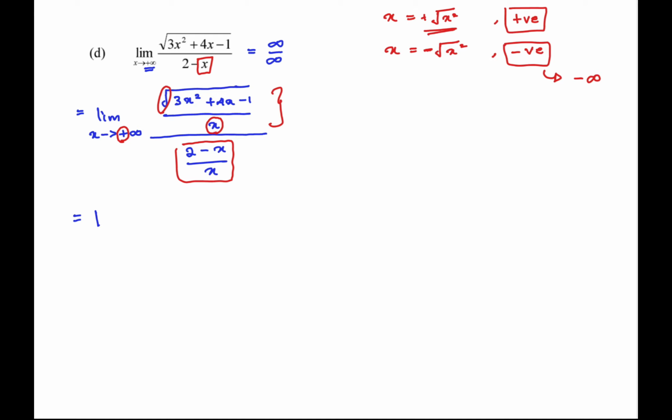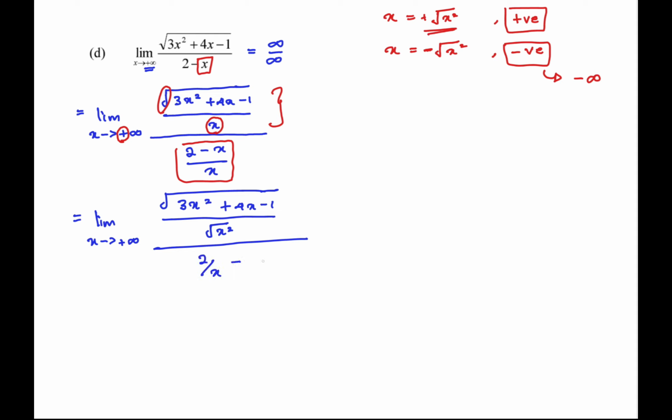It becomes limit x approaches positive infinity, square root of 3x squared plus 4x minus 1 divided by square root of x squared. And then at your denominator part, it becomes 2 over x minus 1, because x over x. Since it already involves square roots in both parts, you can combine.